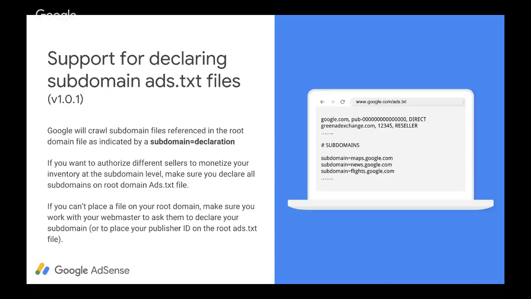And then on each of these subdomains, you can upload a separate ads.txt file with all the relevant information of the sellers authorized on that specific subdomain. But it's very important to have all the subdomains that you want to be checked by the crawler, that have a separate ads.txt file that needs to be checked. You need to define them in the root domain ads.txt file.